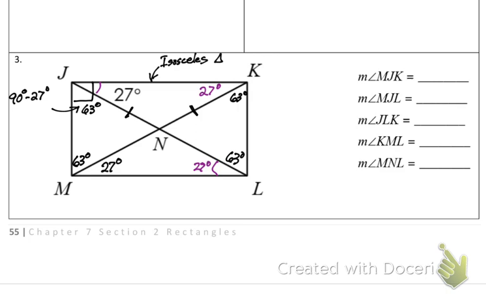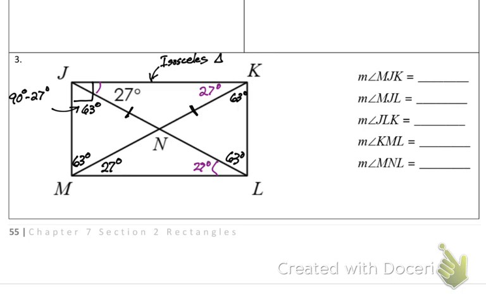Now, let's go one step further. I said we can find all of those angles based upon that 27. How do we get to these middle ones? Which ones? 63 and 63. So we can do 63 plus 63, subtract that from 180, and we will have this measure here.